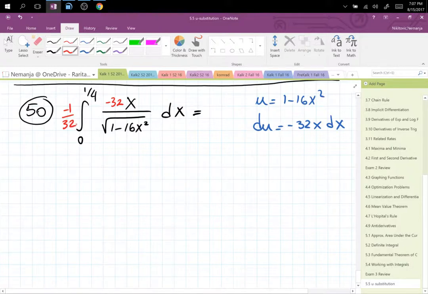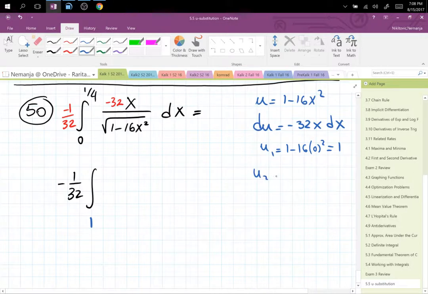So we are going to fix the constant there and have -1/32 integral. Now we have to change the limits. u1 is equal to 1 minus 16 times 0 squared, which is 1, and u2 is 1 minus 16 times 1/4 squared, which is 0.